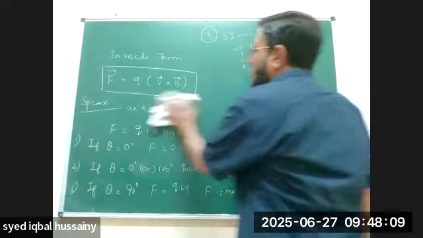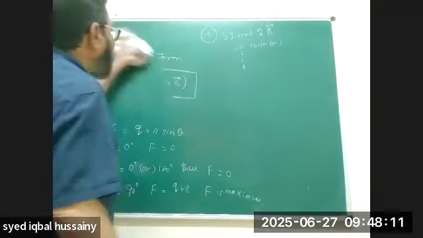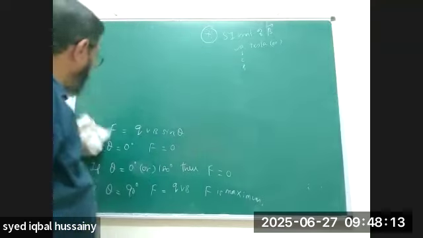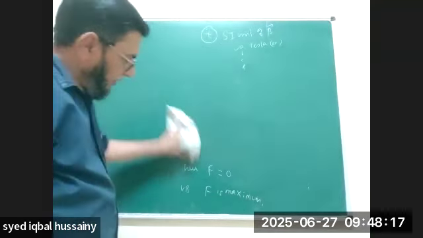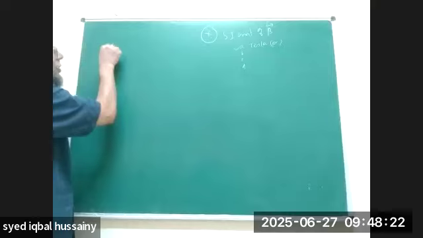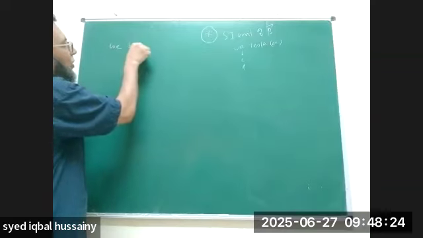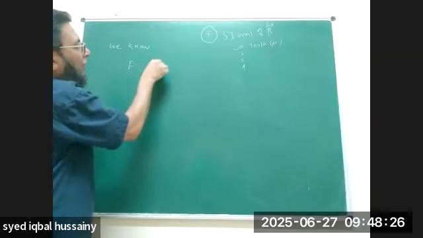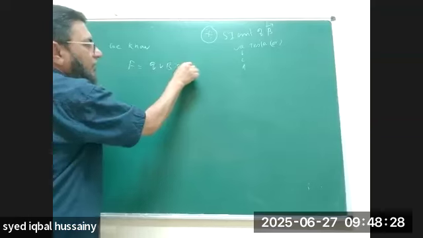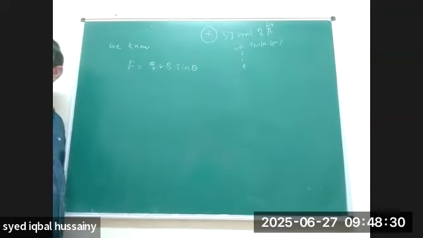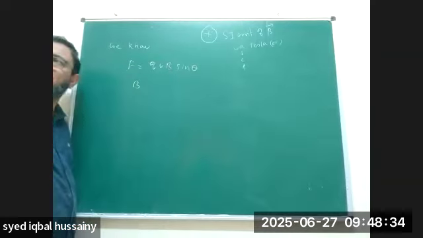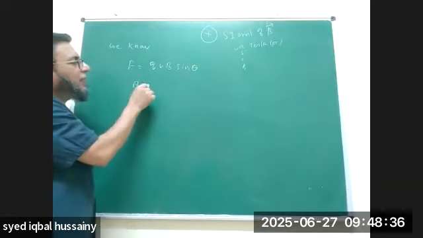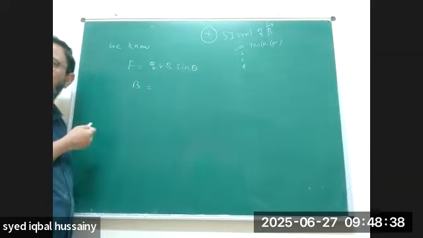Okay. SI unit of magnetic field. What's the formula? We know F equal to QVB sin theta है ना? तो magnetic field को बाहर निकालो.